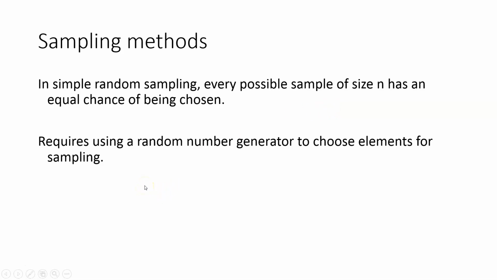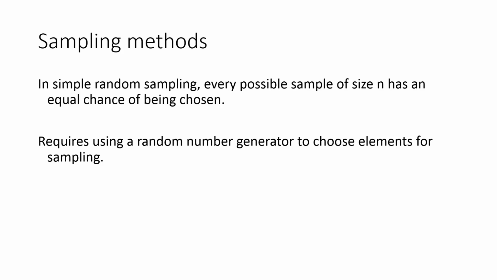Usually this requires a random number generator. And the way we would do that is, if I wanted to take a sample of all Queen's students, I might assign each one of them a random number using a random number generator. And then I would put those random numbers in order. And if I wanted a sample of 500 Queen's students, I would take the people with the 500 lowest random numbers.